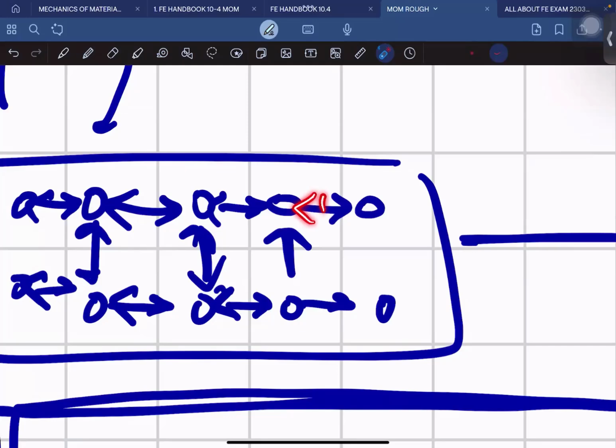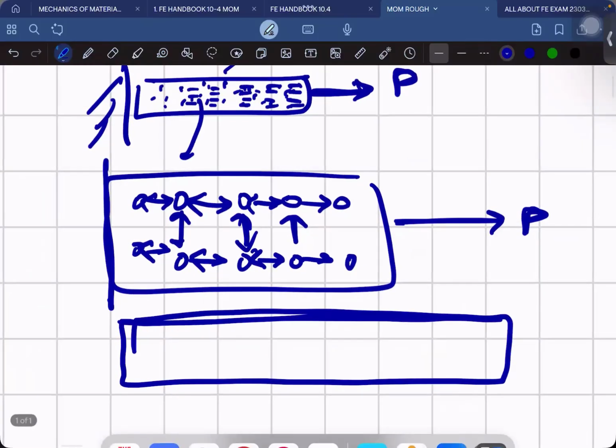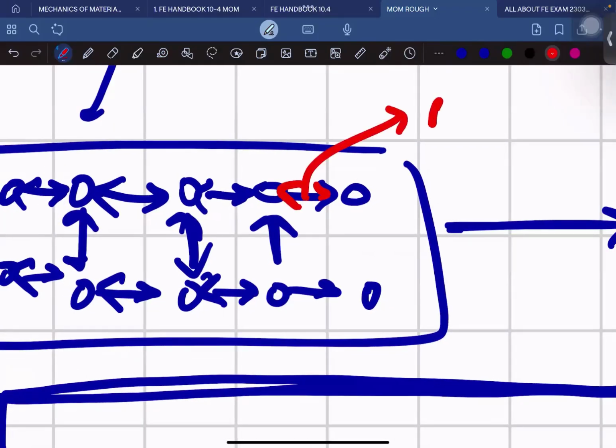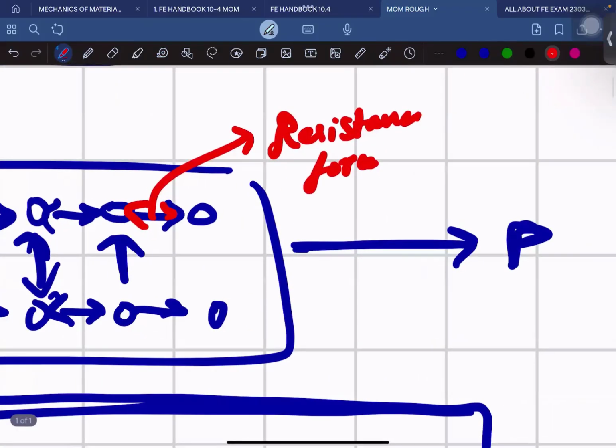But since there is already an attachment between them, a friendship, they will try to oppose. No, we are friends. We're not going to move apart. So such a resistance force develops at each atomic level. This resistance force, developed due to their friendship, is nothing but atomic forces.